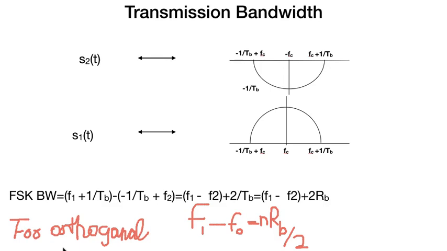But yeah, the formula is actually for orthogonal signals, and you will see that in FSK we have two different frequencies, two different signals which are orthogonal to each other.